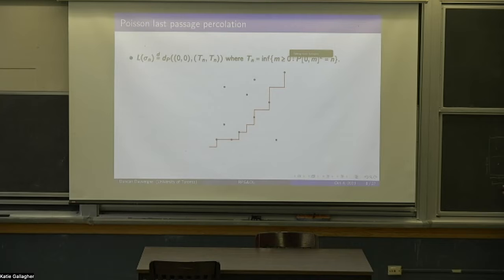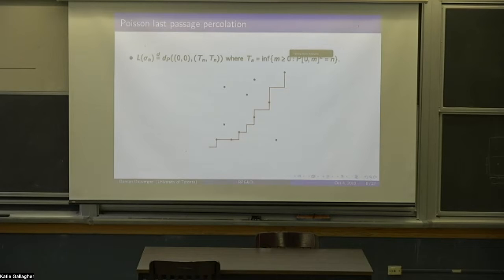So if I look at that box, this is now a box of random size, but it has exactly n points in it. And because of the way in which I threw my points down in the Poisson process, the ordering of the y coordinates of the points is completely independent of the ordering of the x coordinates.